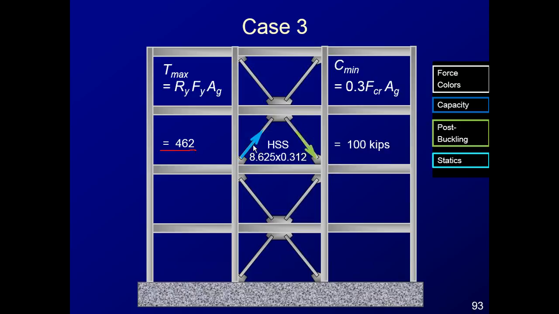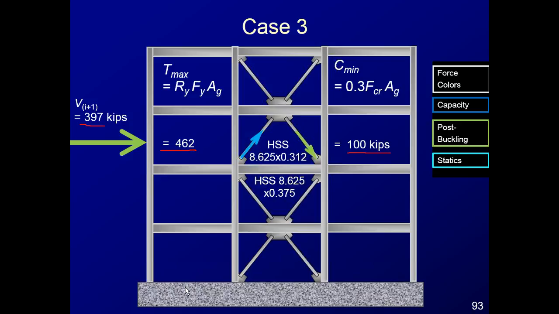But now I'm taking 30% of what I had in case 1 for the compression, and that ends up being about 100 kips. So if I put the horizontal components of these together, and I think these are all at 45 degrees, I think that's how I did all this analysis, that gives us about 400 kips in the level above.